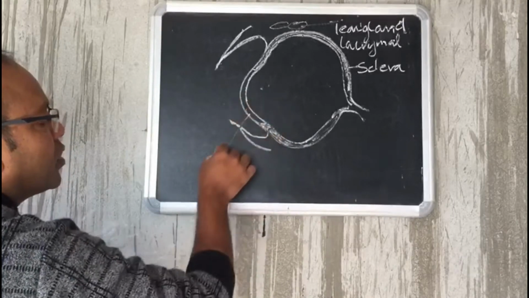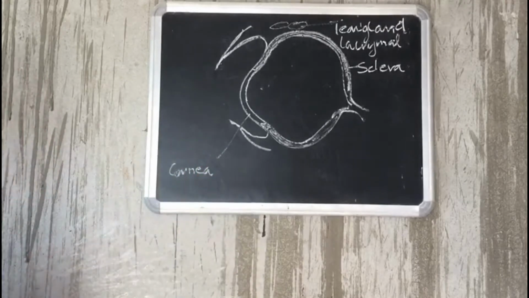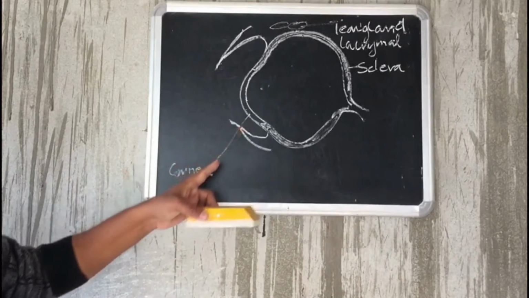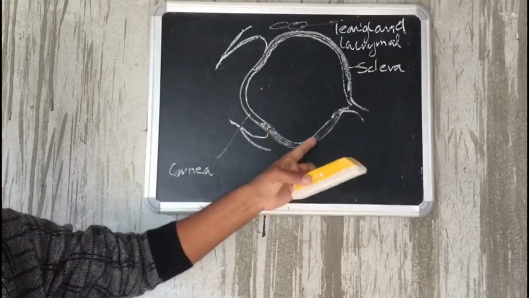This is called the cornea. Cornea is transparent. The first layer of the eye, in front, is called the cornea, which is transparent, and the sclera, which is opaque.